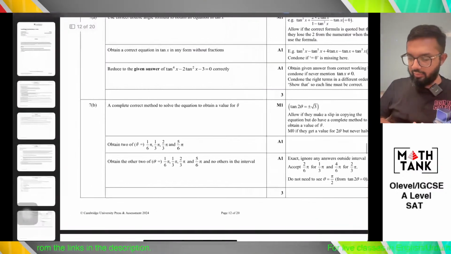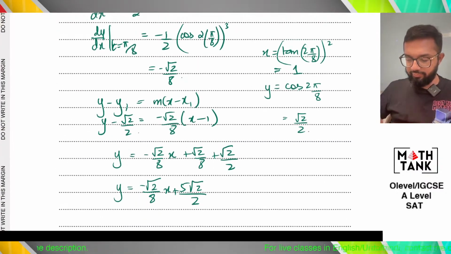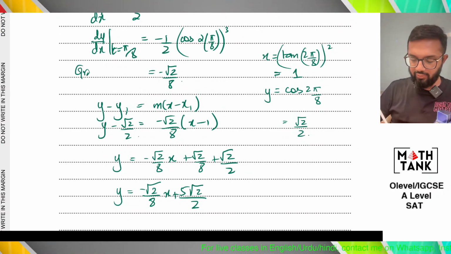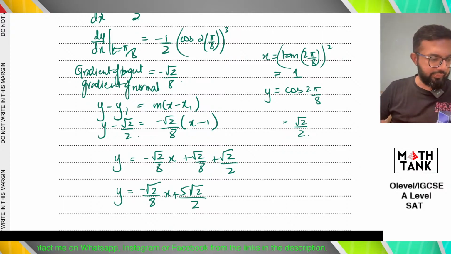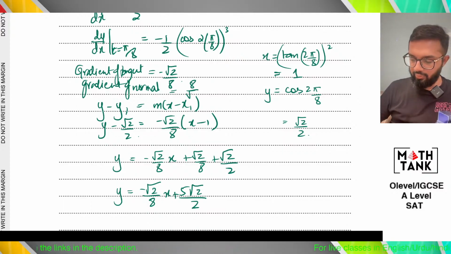Oh, I see, negative inverse, sorry, equation of normal. This is the gradient of tangent, and this is the gradient of normal, eight over root 2. Thank you, Ali. 4 root 2.